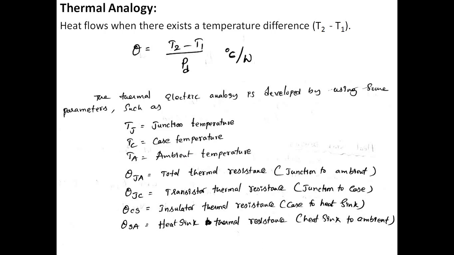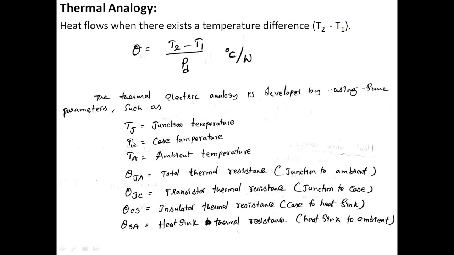Now you try to identify, we have a transistor junction which is inside of the transistor. At the outside layer we have what is called the case. Then the transistor is in a normal environment, whatever environment you take, that we normally call the ambient temperature. Now let us say theta Ja.